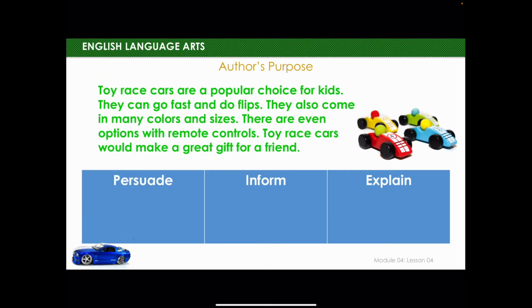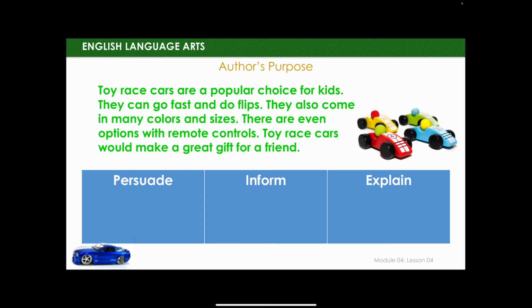Let's read this text together. Toy race cars are a popular choice for kids. They can go fast and do flips. They also come in many colors and sizes. There are even options with remote controls. Toy race cars would make a great gift for a friend.